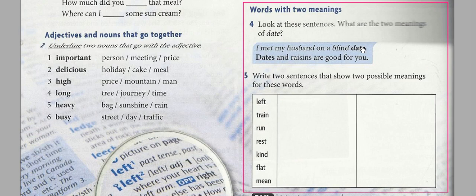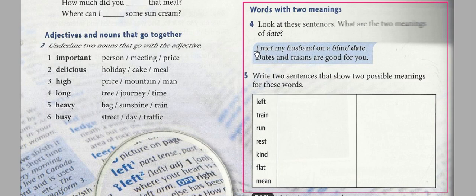So here, date refers to meeting, a blind date, okay, so meeting someone with the potential of a relationship, yes, and here date is completely different, you see, it's the same word, same spelling, same pronunciation, but the meaning is entirely different.